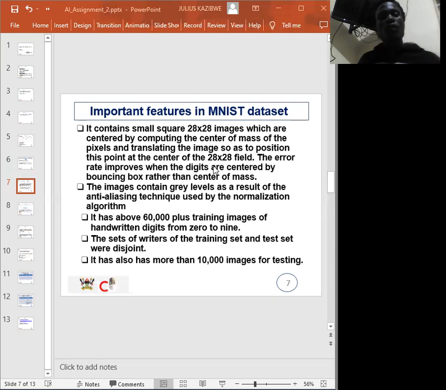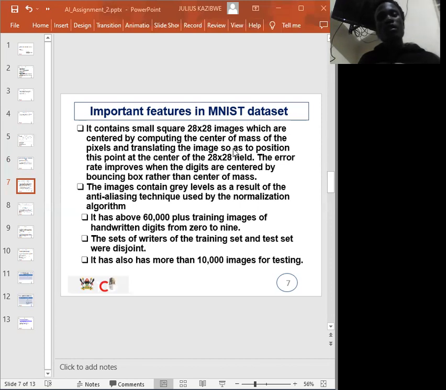It also has over 60,000 images, of which the 60,000 are training images, which I'll be using in my training stage, and then over 10,000 images are for testing.